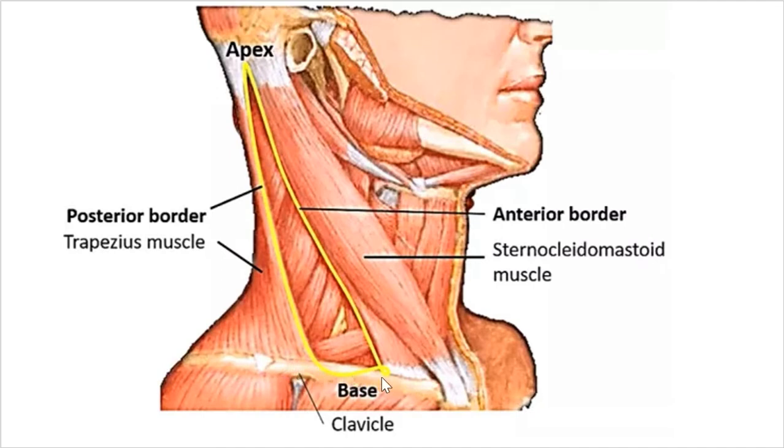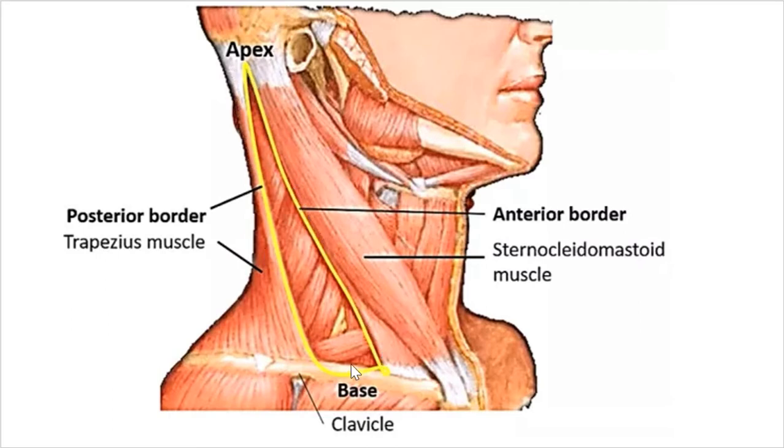Out of these three parts, only the middle third forms the base of this triangle. And the apex is formed by the convergence of the anterior border and posterior border here at the superior nuchal line. This triangle has been highlighted with yellow color.